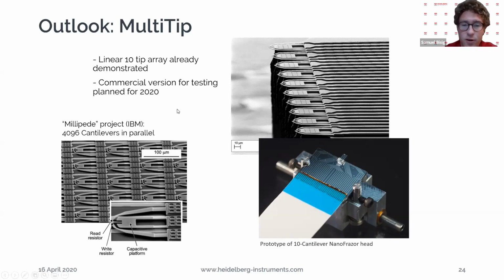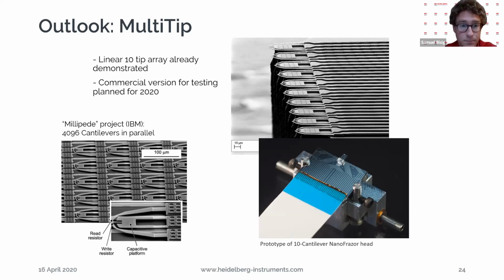To give you a hint of where we would like to go with that idea: in the late 90s, with the IBM Millipede project, they already proved that they can operate 4,000 cantilevers in parallel. So there is a lot of room to improve also for our technology in this regard, and we are very much pushing that.